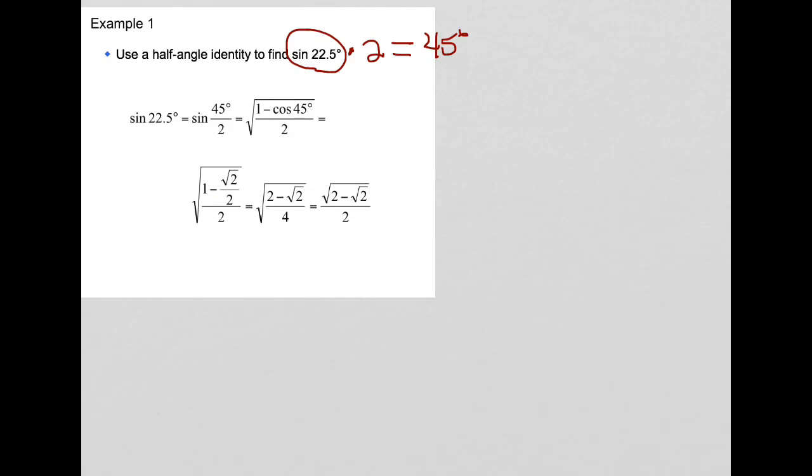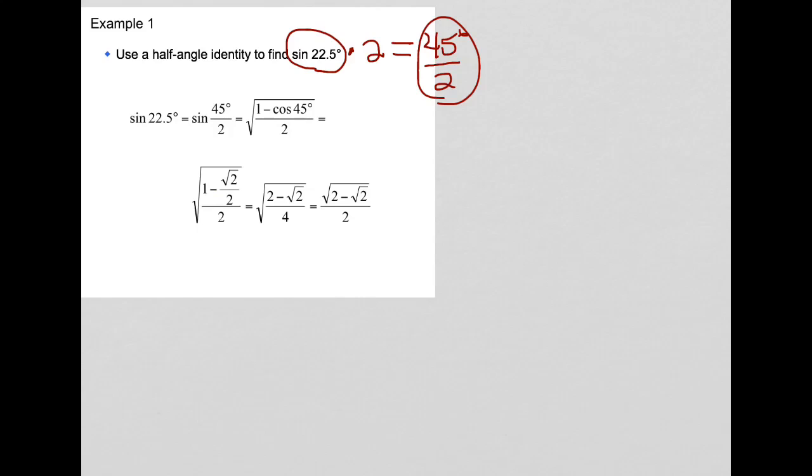So I am simply now going to substitute 45 divided by 2 for the 22.5. I'm also going to now use the positive version of the half-angle identity for sine because 22.5 is located in quadrant 1 and sine is positive in quadrant 1.